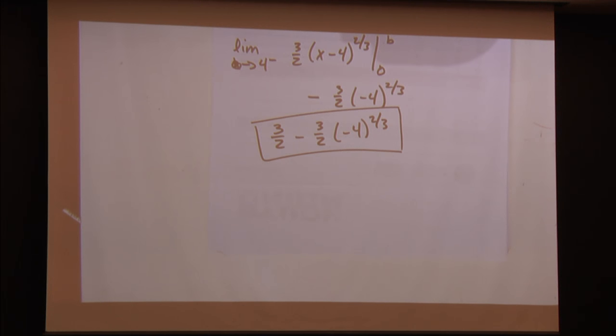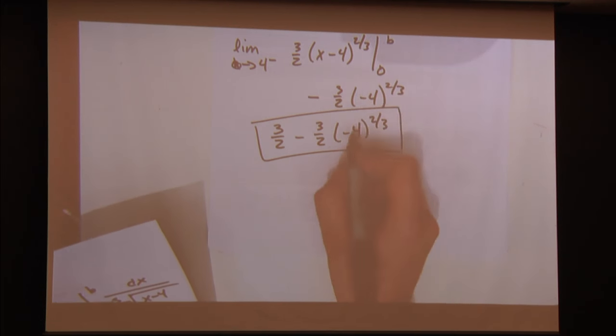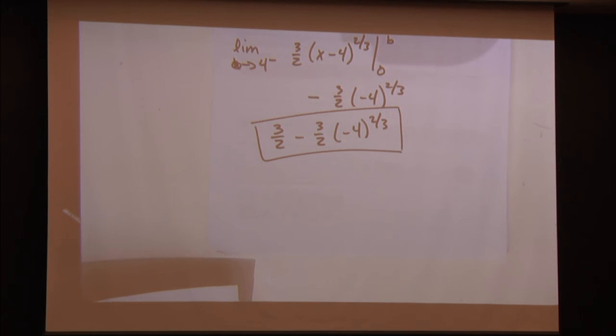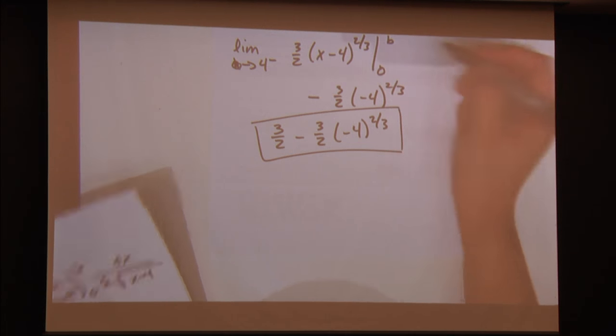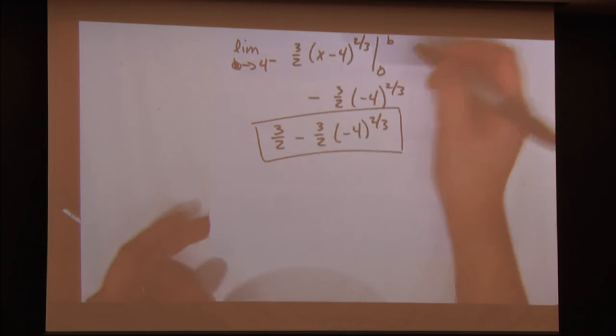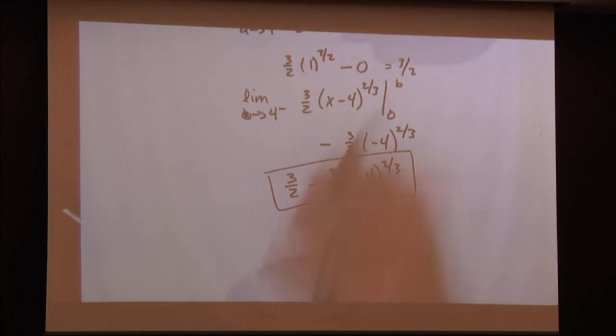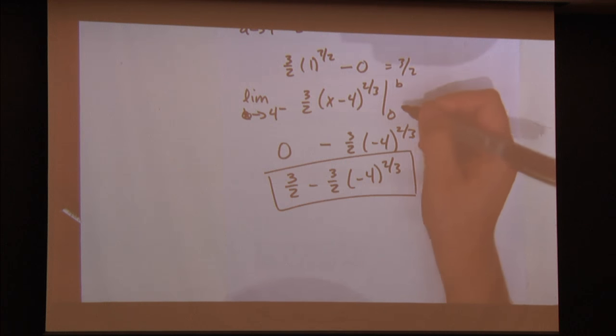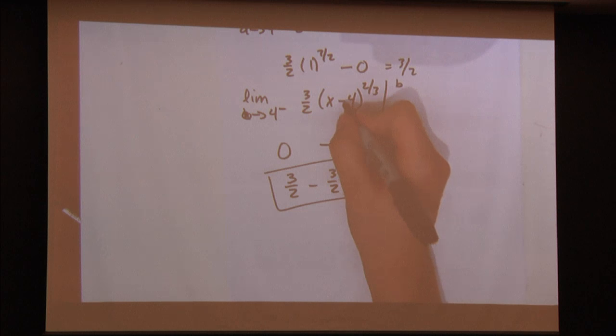We good? As minuses. Well, no, because I'd still left the minus there. B minus 0. So then it would be, if we had B, then this is 0 and it dies, so it's 0. And then we plug in 0, so we have a negative 4.